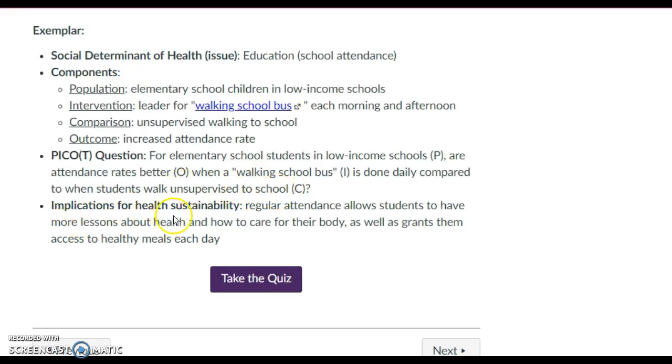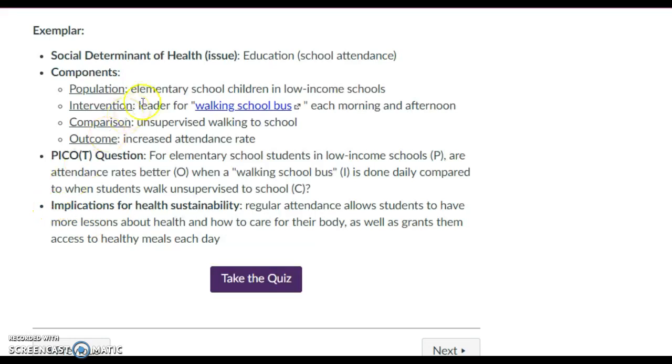Now, under implications for health sustainability, regular attendance allows students to have more lessons about health and how to care for their body, as well as grants them access to healthy meals each day. It also gives them a safe place to go, responsible adults that they can turn to, role models. There's a lot of other components, but this would be a good synopsis.